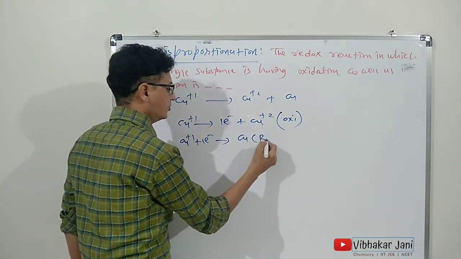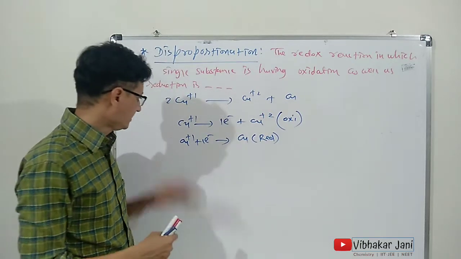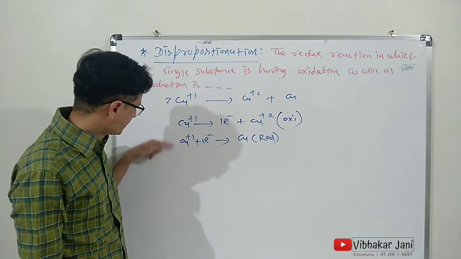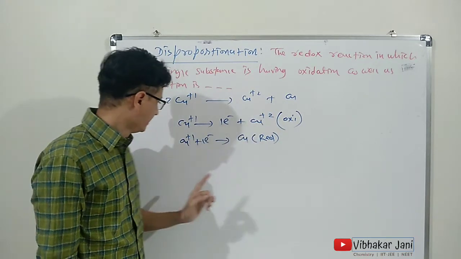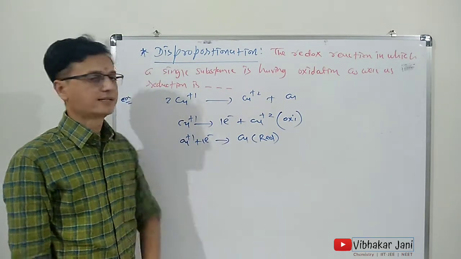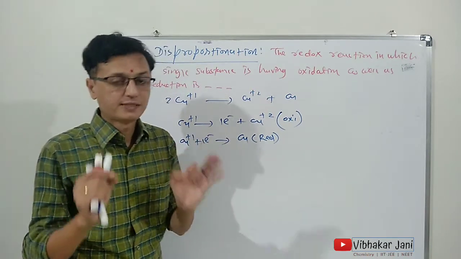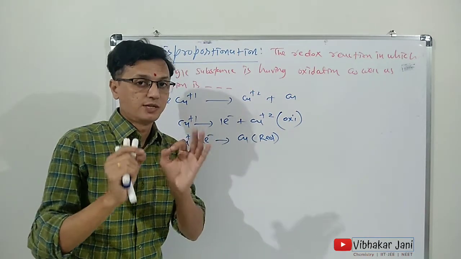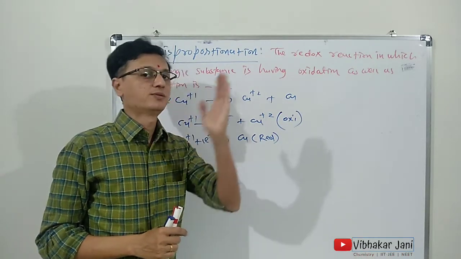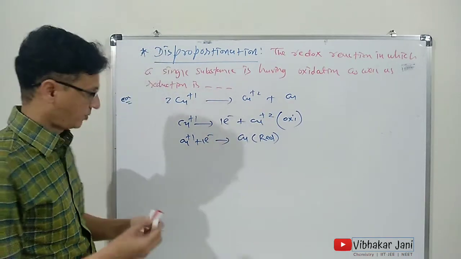So it is said to be a reduction reaction. So oxidation and reduction are happening in the same species. Cu+ is oxidized and the same Cu+ is reduced also. That's why this reaction is known as disproportionation. This is the finest and simplest example of disproportionation. A single substance is having oxidation as well as reduction, then such a reaction is known as disproportionation.